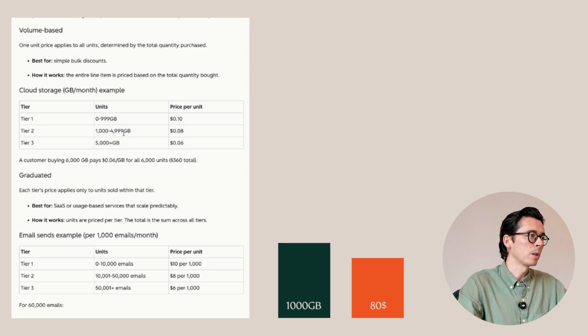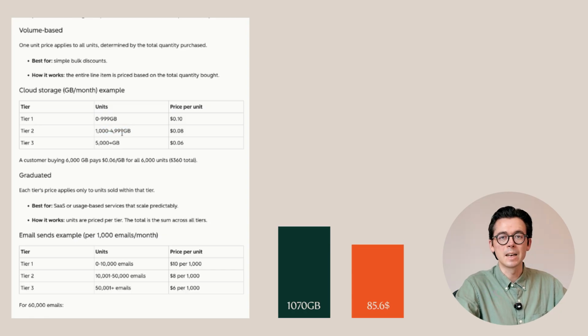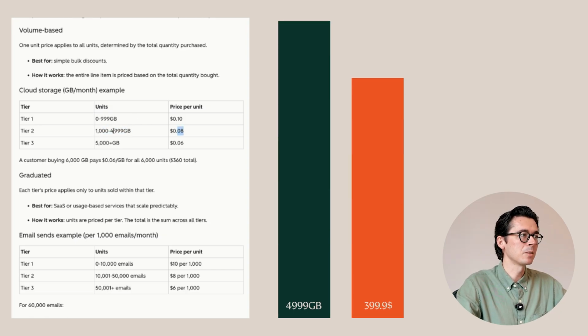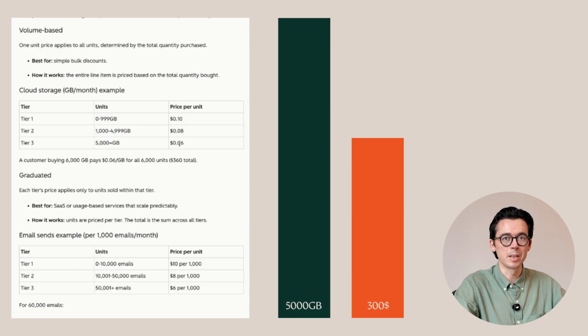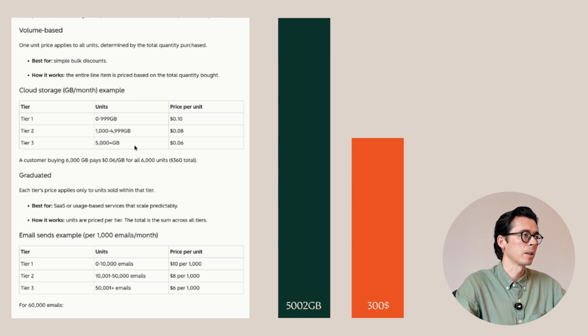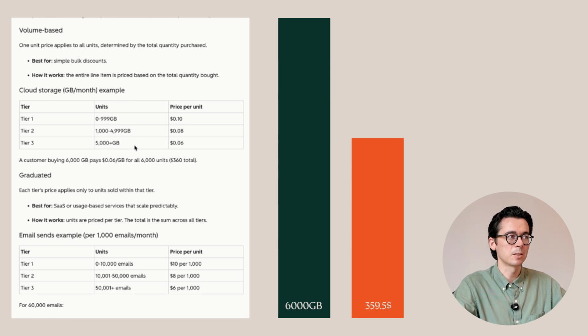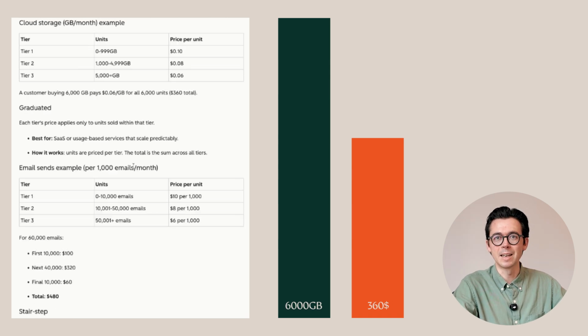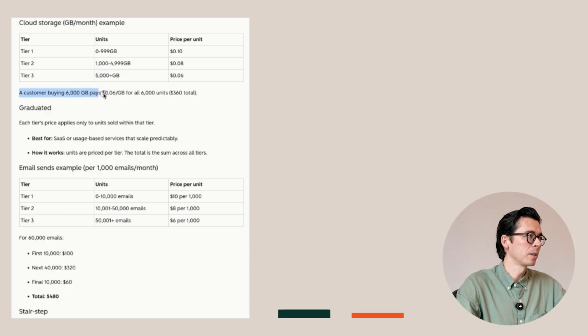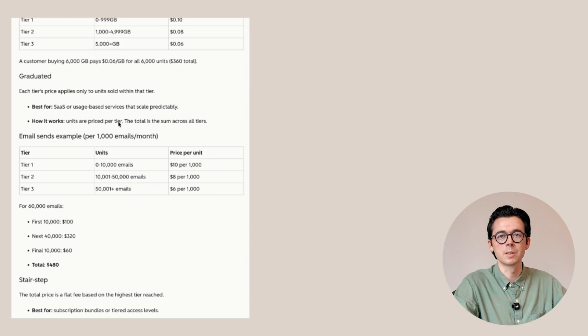If we're between 1,000 and 4,999, we'll pay 8 cents for every gigabyte used, and above 5,000 will pay 6 cents for every gigabyte used. So that means like 6,000 gigabytes is 6,000 times 6 cents. So far, so good. So as you can see here, 6,000 times 6 cents totals 360 in total.